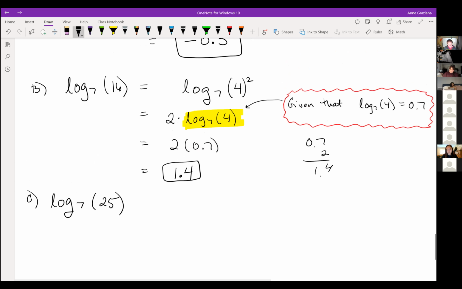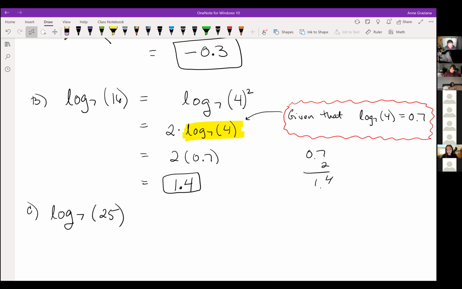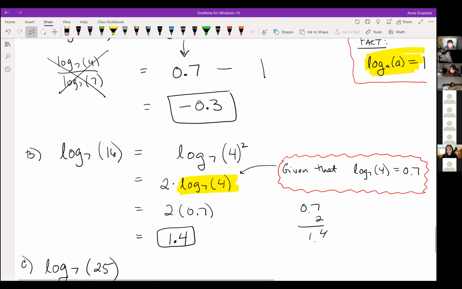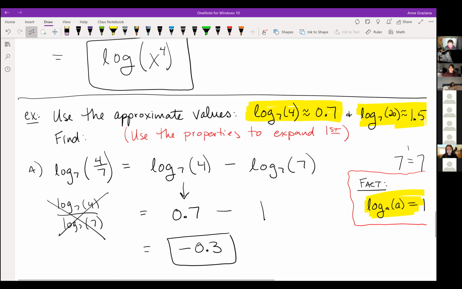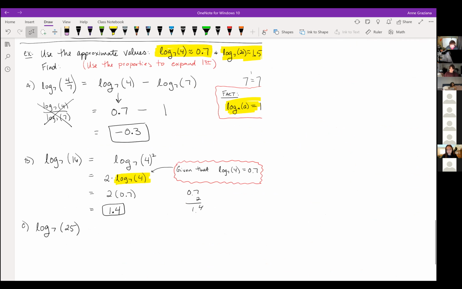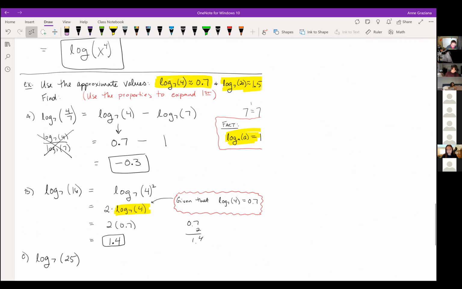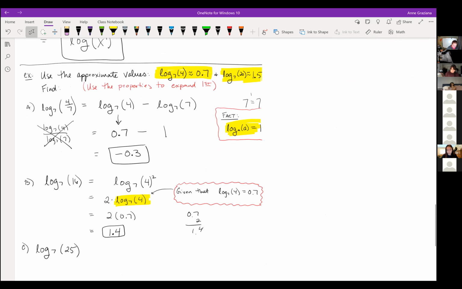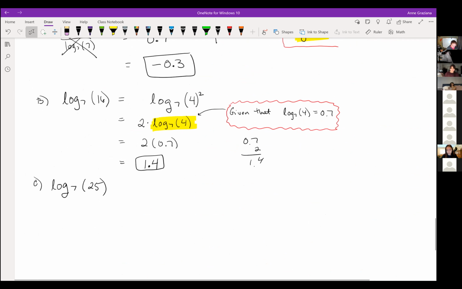They were good. All right, log base 7 of 25. All right, so again, 25 is not log base 7 of 4, and it's not log base 7 of 20. This one's going to take a little work.